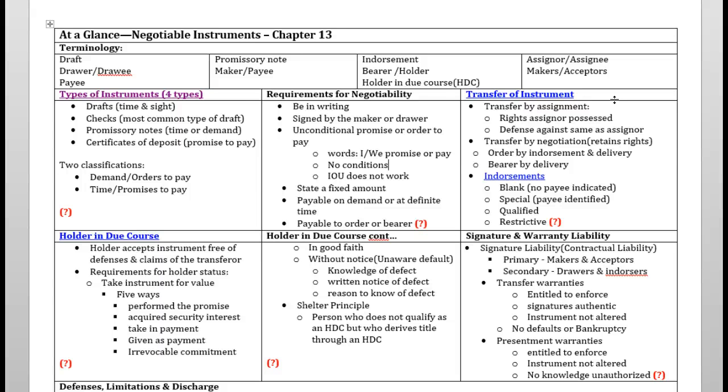You can transfer by negotiation, where you still retain the rights, but there are two ways to negotiate. If it's order, it has to be by endorsement and delivery, and if it's a bearer negotiation, it has to be by delivery. So let's go look at those. Those are really confusing right there.